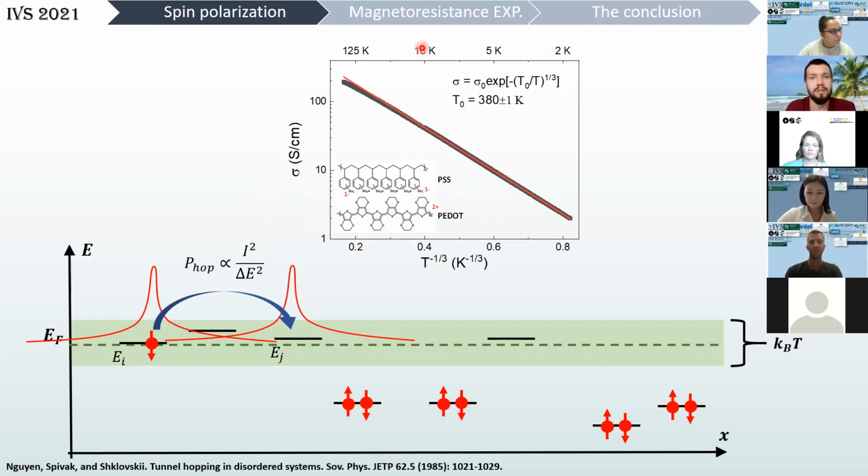As you can see, at low temperature, the conductance follows the Mott variable range hopping conduction in 2 dimensions. The 1/3 here is related to hopping conduction in 2 dimensions, and the T0 coefficient is quite small. I will use this T0 coefficient in the conclusion section.